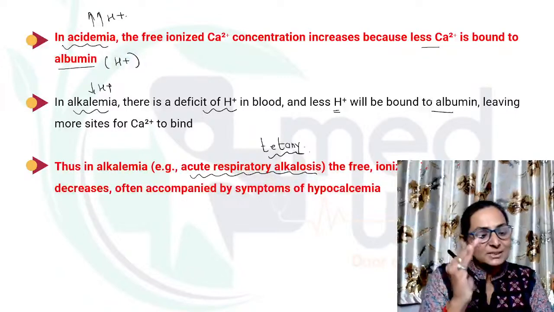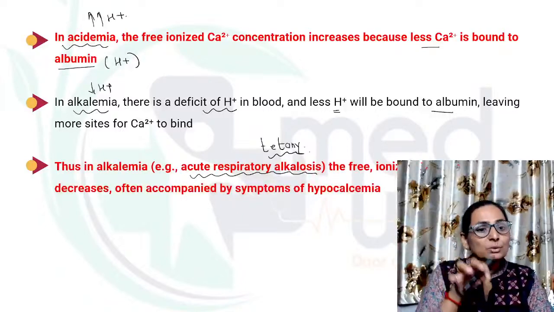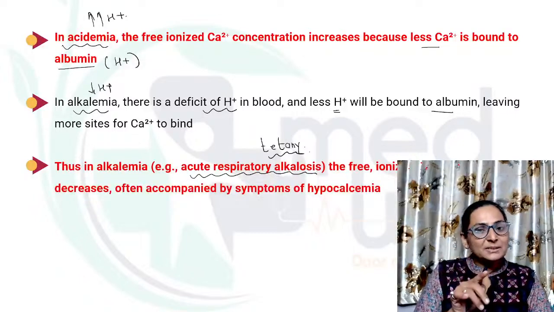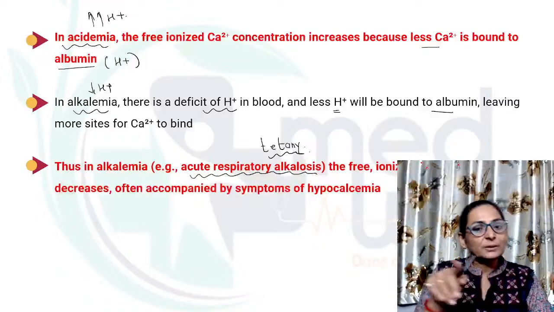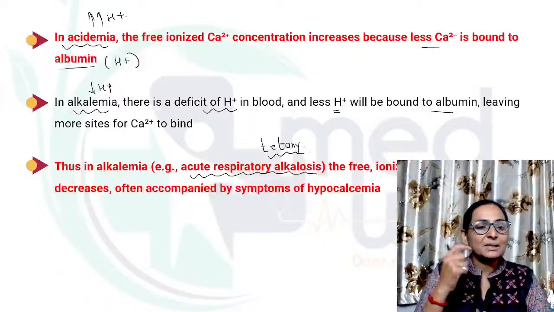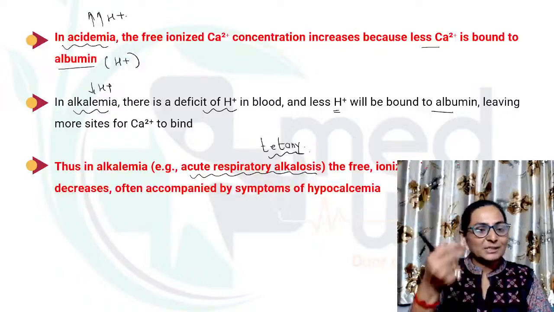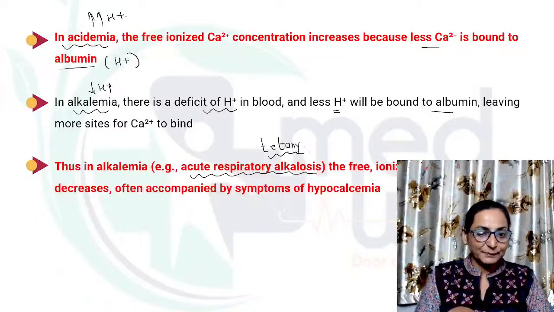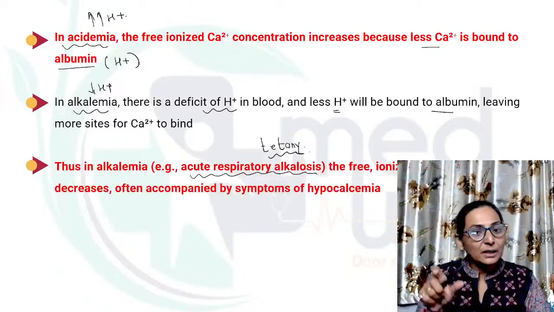That means more sites are available on the albumin and it can bind calcium. That means more binding sites for calcium. Therefore, the amount of free calcium decreases, and with acute respiratory alkalosis there can be tetanic-like symptoms, because with alkalemia the proteins are free and bind more of the ionized calcium, and that can result in symptoms of hypocalcemic tetany with alkalosis.